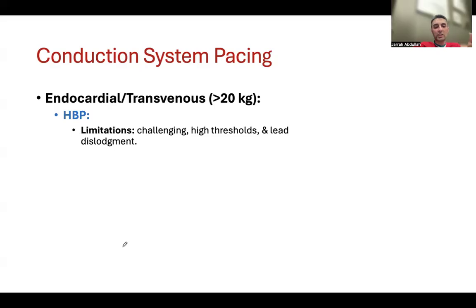Besides the challenge of engaging the His bundle directly, it usually requires high thresholds, and lead dislodgement is common. So this is not commonly done worldwide, and in Kuwait, we don't do it.